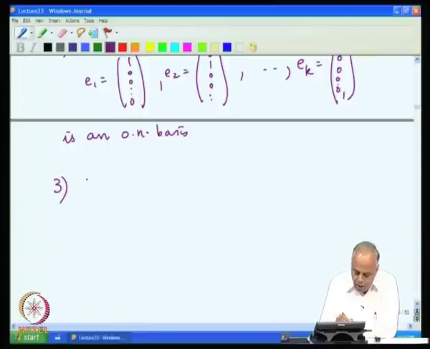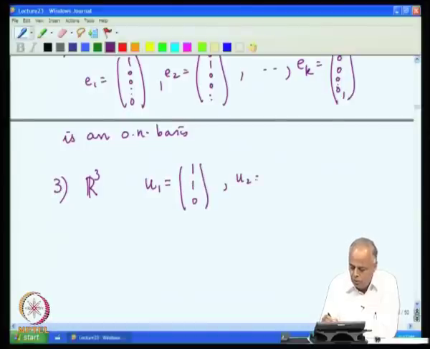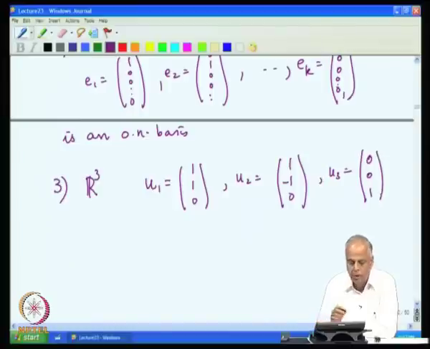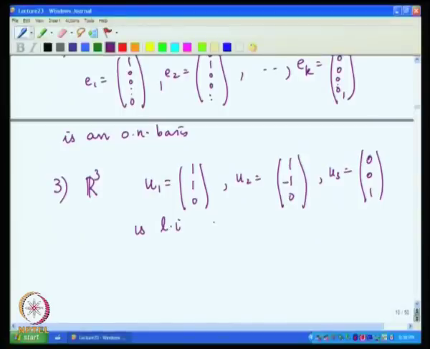Let us take R 3. Let us take the vectors u 1 equal to 1 1 0, u 2 is equal to 1 minus 1 0, u 3 is equal to 0 0 1. This is a basis. It is easy to verify that this is linearly independent. There are 3 vectors.